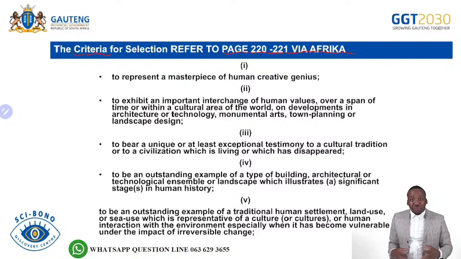So it is very important, as you're busy studying each icon, that you know which UNESCO criteria it meets. I'm not going to go through all of them, but go to those pages, borrow a tourism textbook, or take a picture of this, go to page 220 to 221, and familiarize yourself with the UNESCO criteria 1 up until criteria 10.